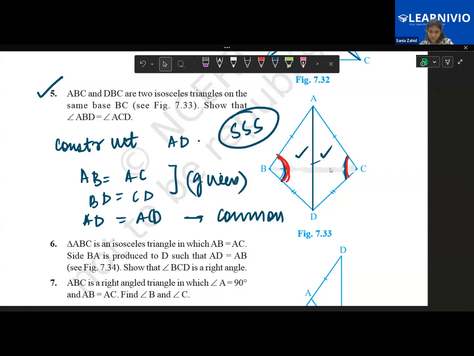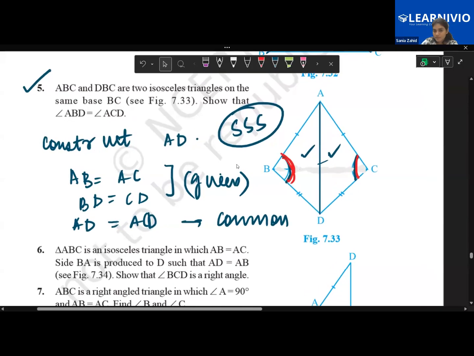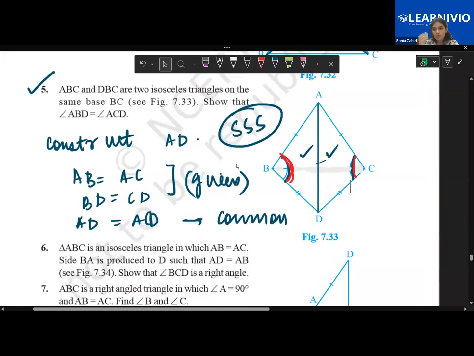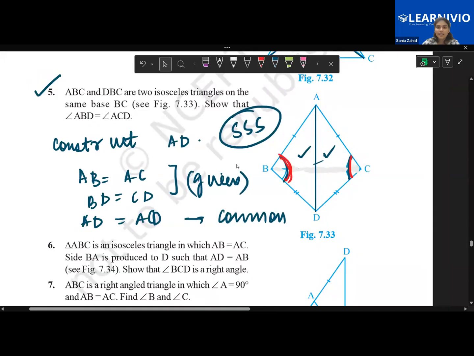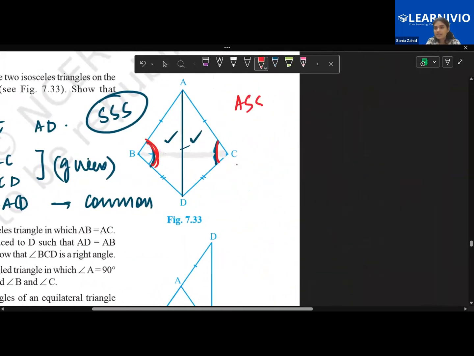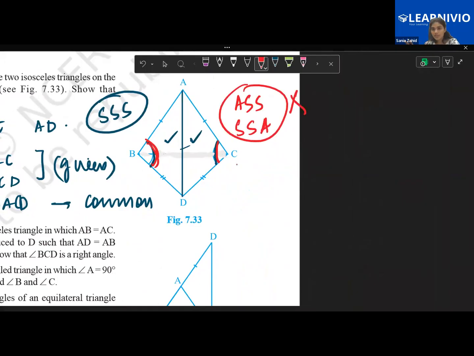But ma'am, before, when you gave us the congruencies, you did not give SSS. You have given SAS, ASA, and AAS. See, sometimes what happens is, SSS is also a congruency. Just know this: only AAA or SSA are not congruencies. ASA is there.